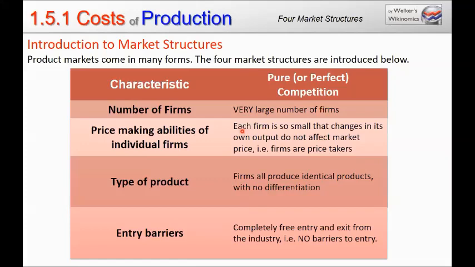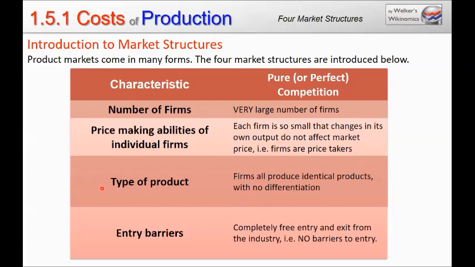So they are small. So they have their own choice in terms of changing, which does not affect the market price. So they have an option whether to increase their price or decrease their price. So they are considered as price takers.